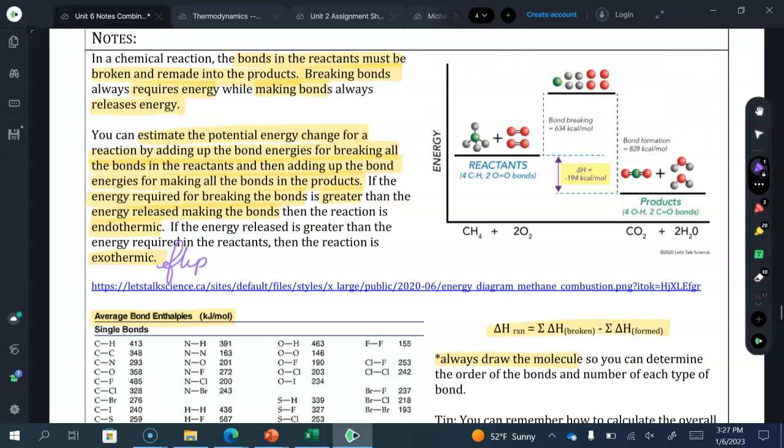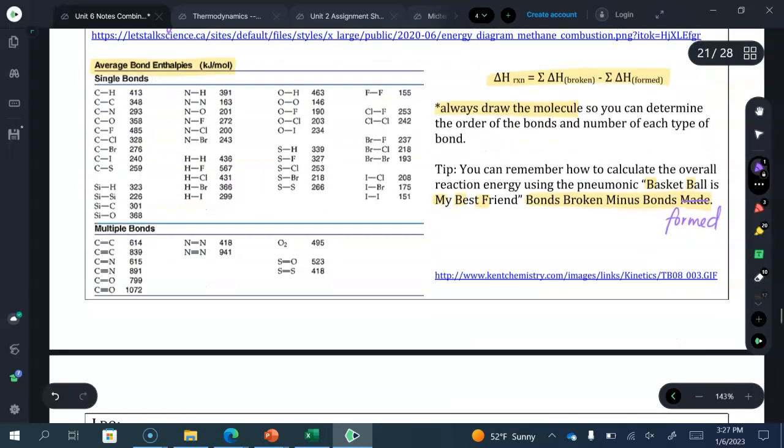If the energy required for breaking bonds is greater than the energy released in making them, you have an endothermic process, and the vice versa is true. If the making is greater than the breaking, then you have an exothermic process.